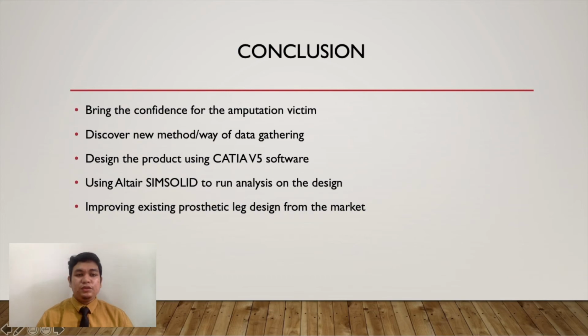Next, students are able to discover new methods to gather data, such as using plaster of Paris and laser scanning. Third, students are able to use CATIA V5 software as a medium to create the product and draw the design, and use Altair SimSolid to run an analysis to get the data for the result analysis.